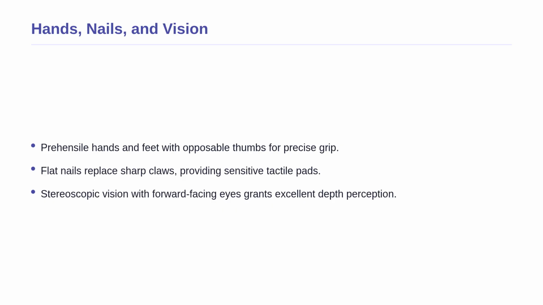This evolutionary shift provides sensitive tactile pads on the fingertips, which are essential for exploring the environment safely and handling delicate food. Another defining trait is stereoscopic vision. Because primate eyes face forward, their fields of view overlap, granting the excellent depth perception required to leap accurately from branch to branch.